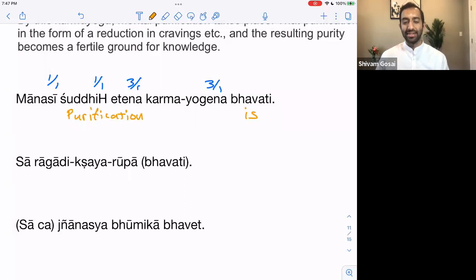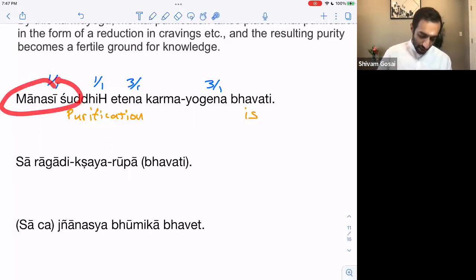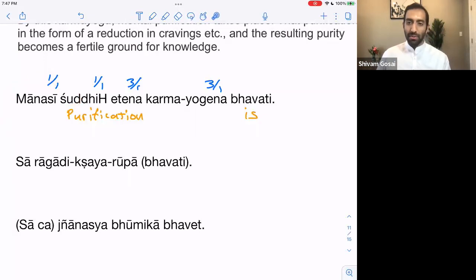Manasi. Okay. It's not jalla shuddhi. It's not water purification. It's not anything else. It's manasi shuddhi. This word manasi, originally we get the word manas, right? Mind.